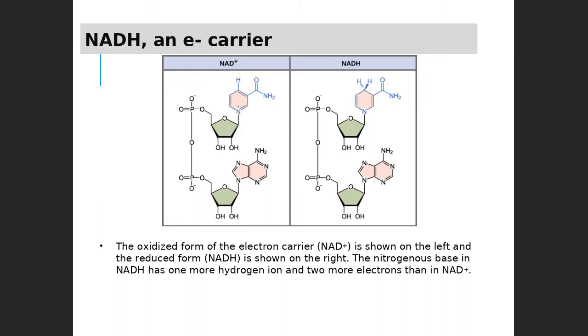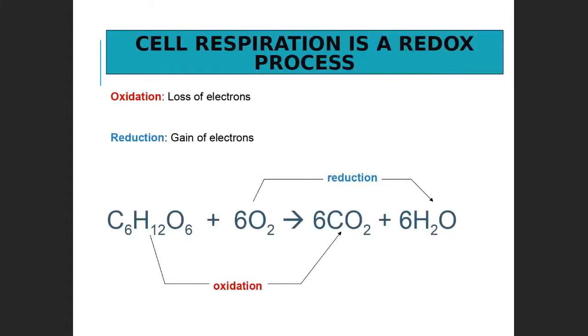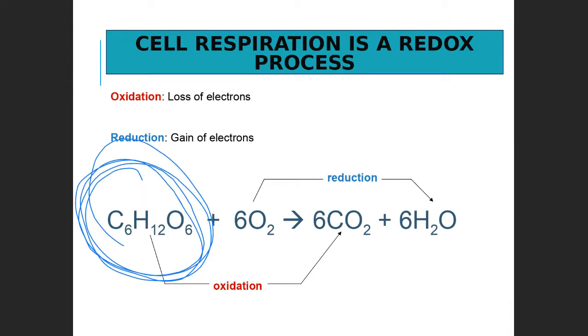Okay, so now let's go over those stages. You see those general equations that we have. It doesn't happen all at once. It happens by steps. So let's look at those steps. The first one, step number 1, is glycolysis.